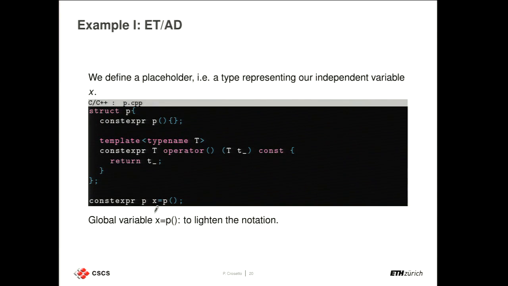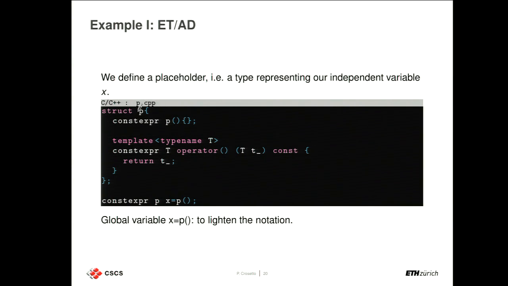We start defining a placeholder, which is like a proxy for our variable. This placeholder has a generic operator which takes an argument and returns it.